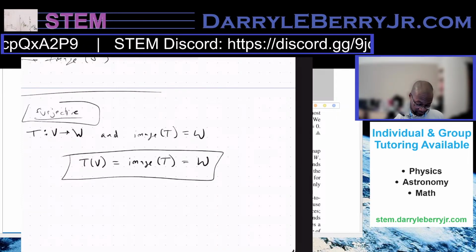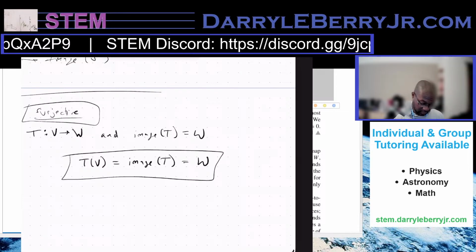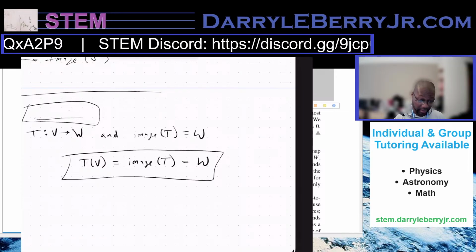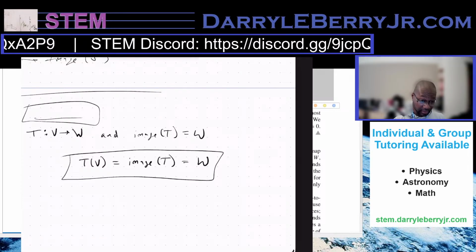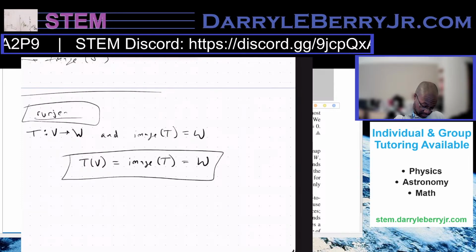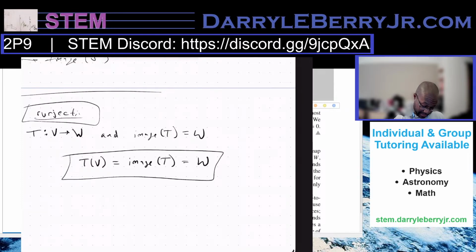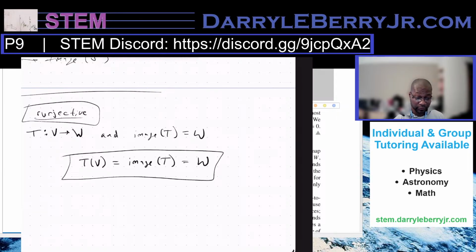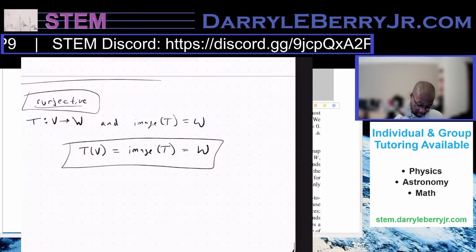So it's surjective, right? I'll write surjective a bit better. Surjective. So V maps onto W.